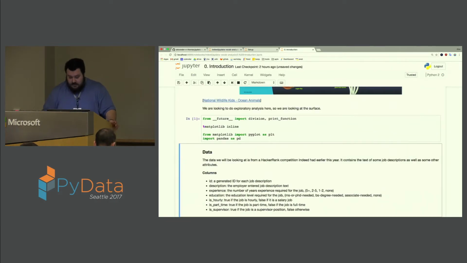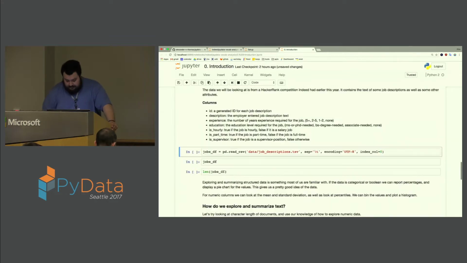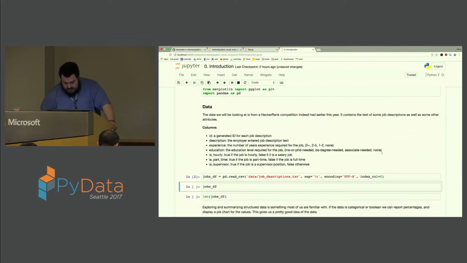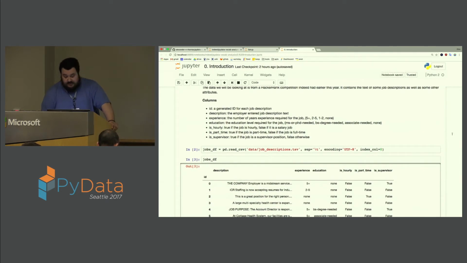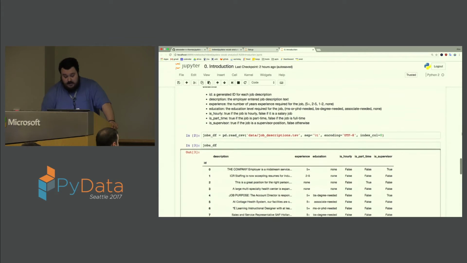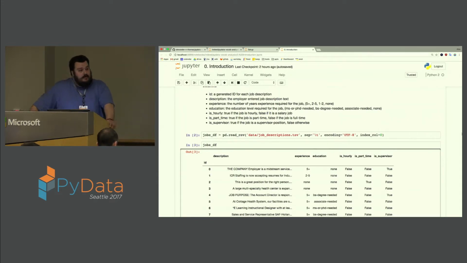So here's our data set. The columns we have are an ID, which is just a generated ID for each job description, the description text, as well as some attributes of the job. So how many years experience is required? How much education is required?